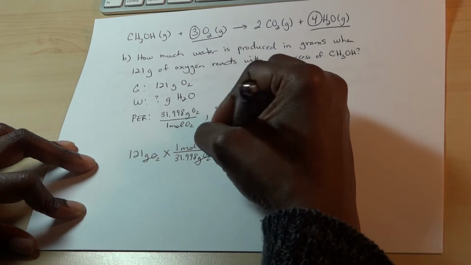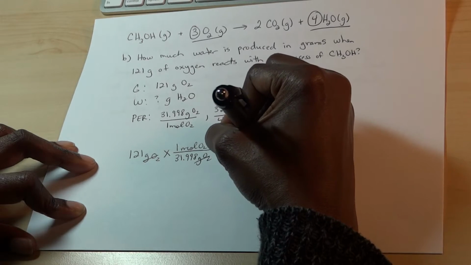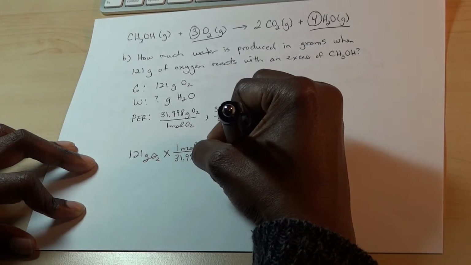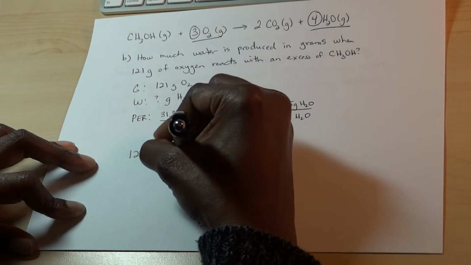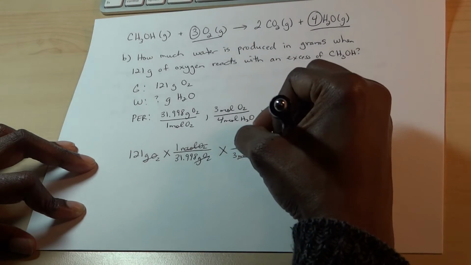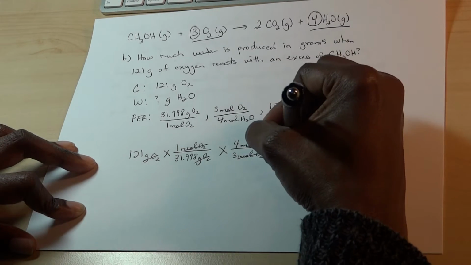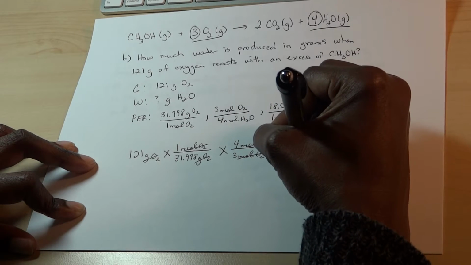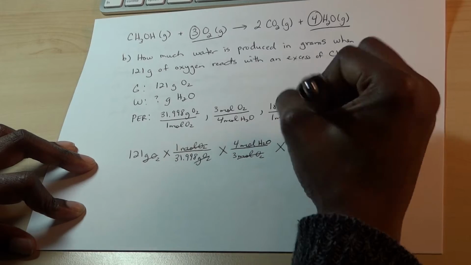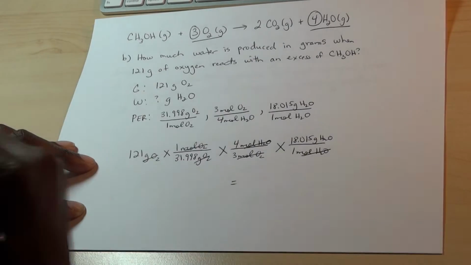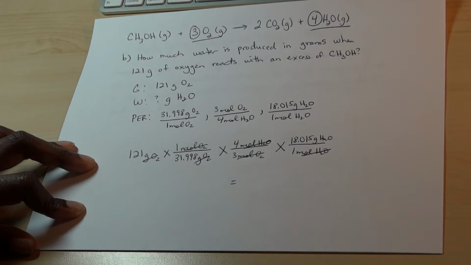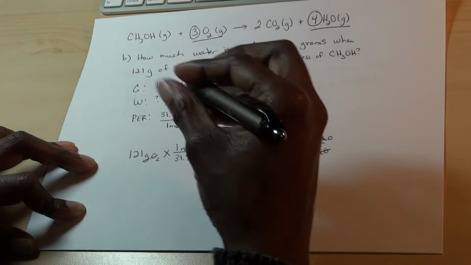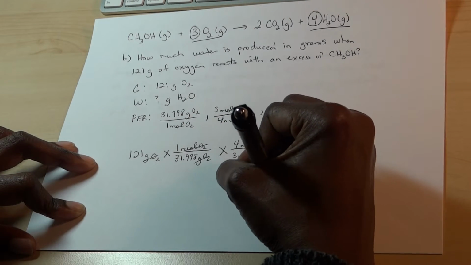We put the oxygen on the bottom, so 4 moles of water up top and 3 moles of oxygen on the bottom, and moles of oxygen cancel. Times the molar mass of water, 18.015 grams of water up top per mole of water on the bottom, so moles of water cancel. And the grams of water produced here would be 90.8 grams.